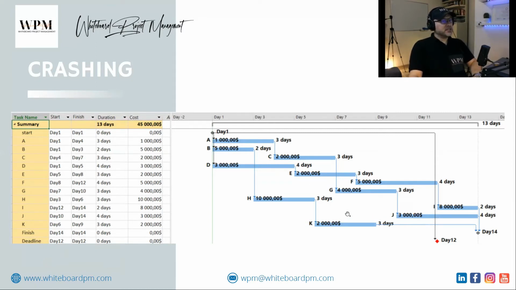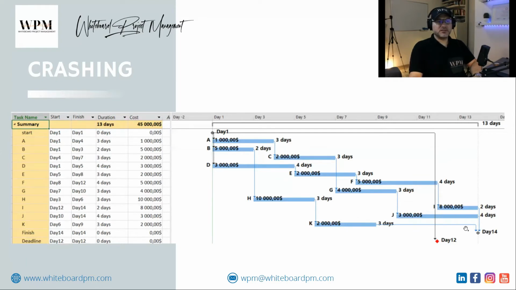Here you can see the critical path A, C, G, J. But you have another critical path, which is D, E, F, I. Another path, which is B, H, and K, is not critical because it has a slack.